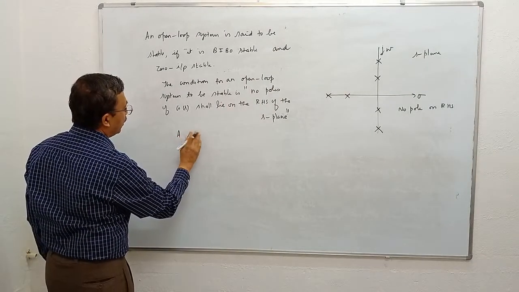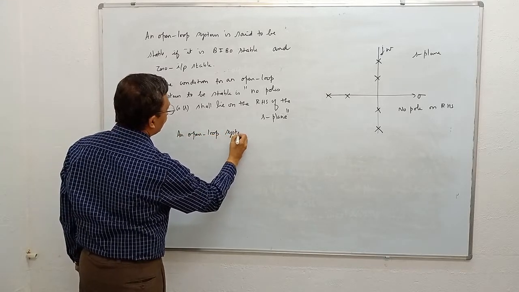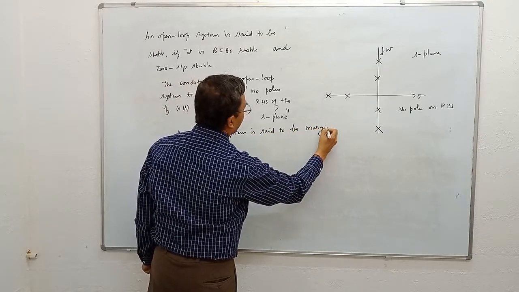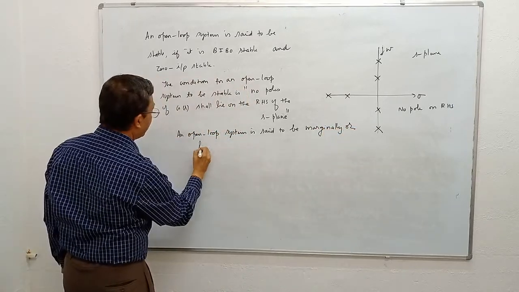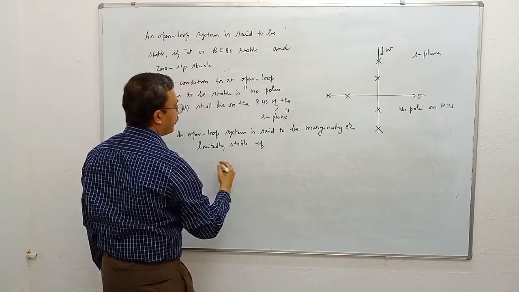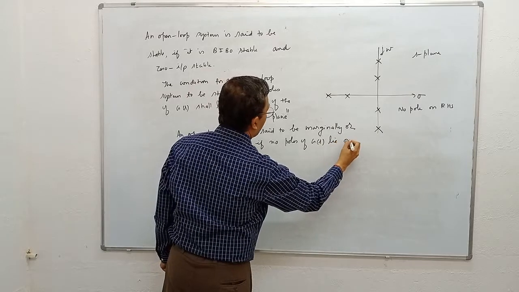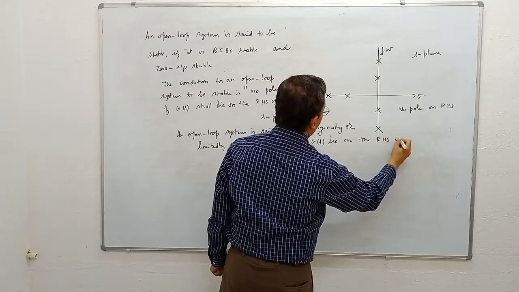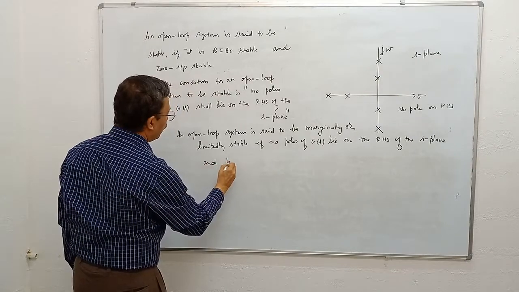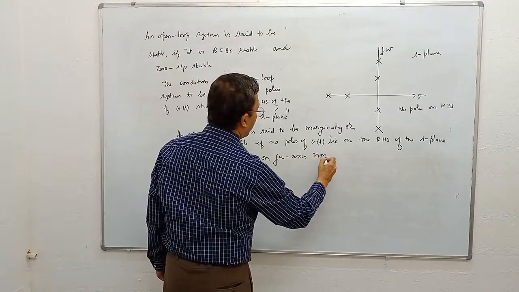An open loop system is said to be marginally, or limitedly, stable if no poles of G of S lie on the right hand side of the S plane and poles lie on the j omega axis non-repeatedly.